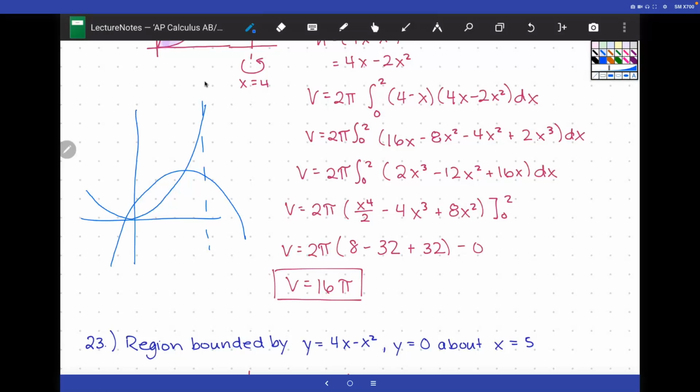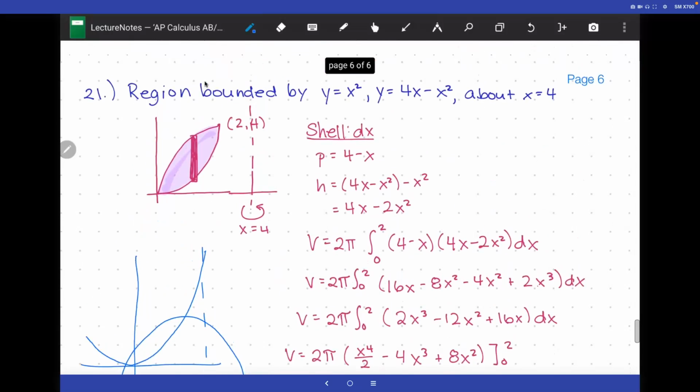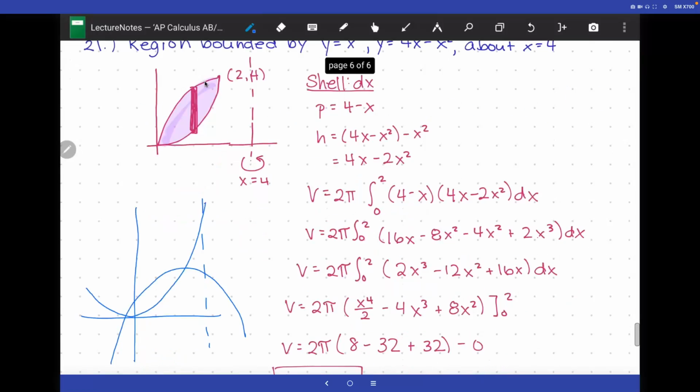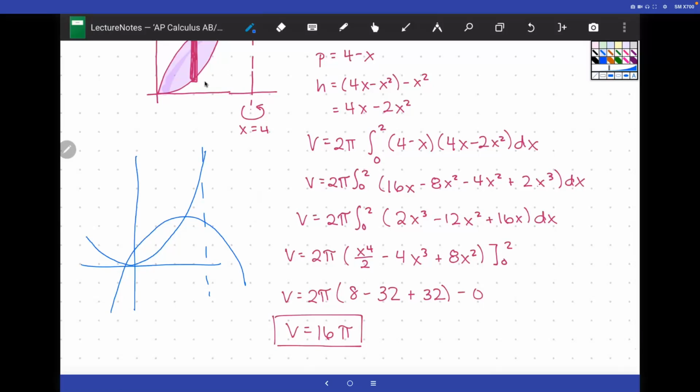Because when you draw the picture, it does kind of look like there'd be two regions. But if you actually look at the full wording, it says that the region is only bounded by the parabolas, and then that region is rotated about the line. So this axis of rotation is not one of the boundaries. So yeah, good question. Any other questions?